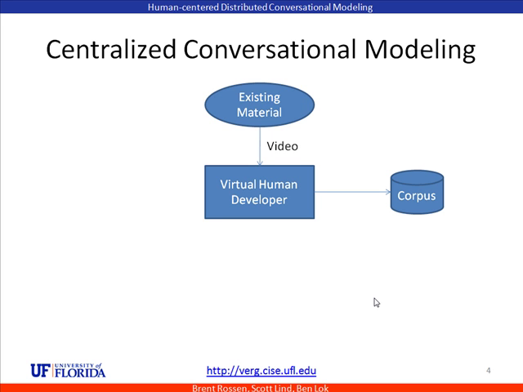So in the case of healthcare students, it would be interactions with medical students and standardized patients, which are actors playing the role of patients. Then we would go to the experts, which would be doctors, and have some phone, email, and in-person meetings with them so that we can ask them, what are the appropriate responses to the stimuli we got from the existing material, and what are other questions students might ask.